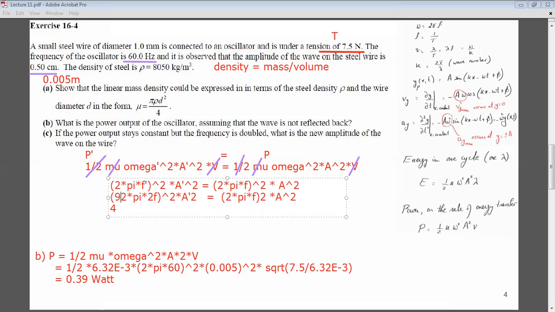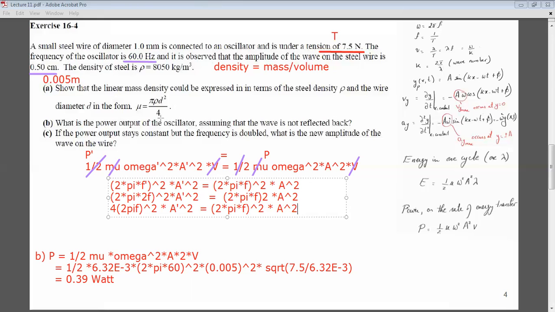So 4 times (2 pi f) squared times A prime squared is equal to (2 pi f) squared times A squared.